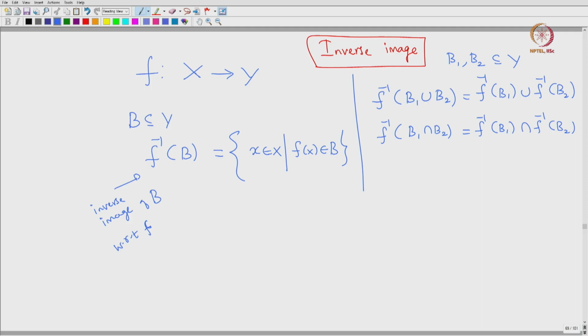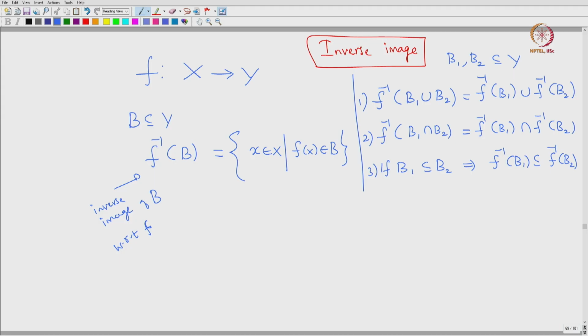Similarly, one can also look at what happens in terms of inclusions and differences. If B1 is a subset of B2, then it is not hard to see that this would imply f inverse of B1 is a subset of f inverse of B2.